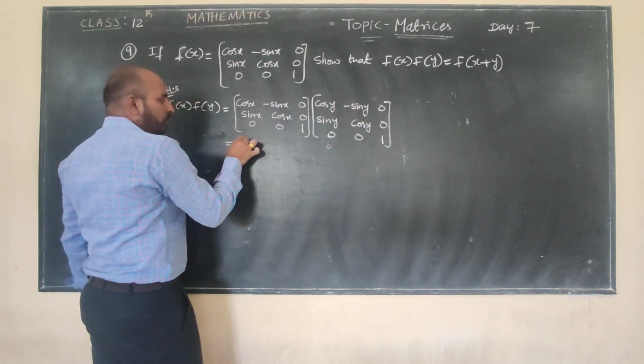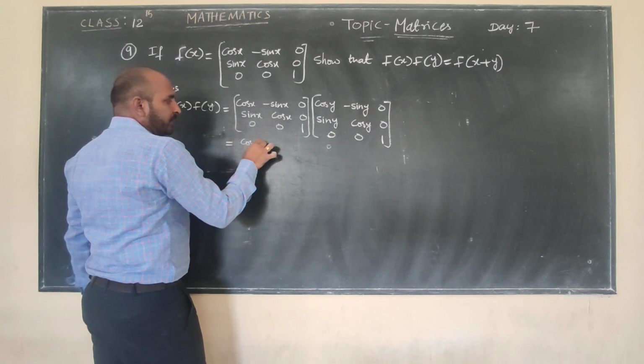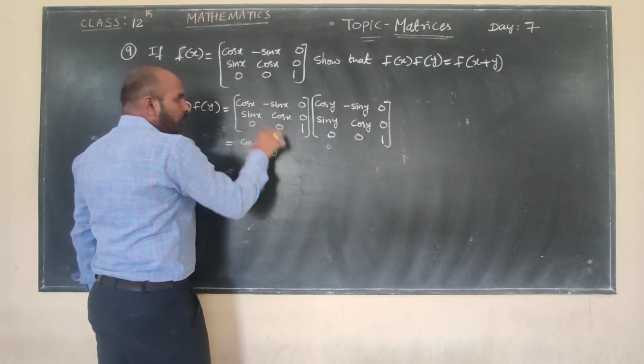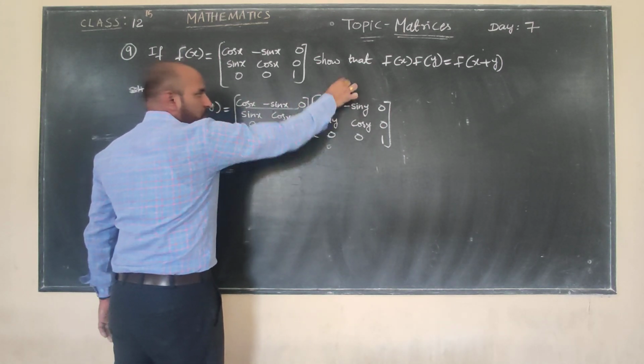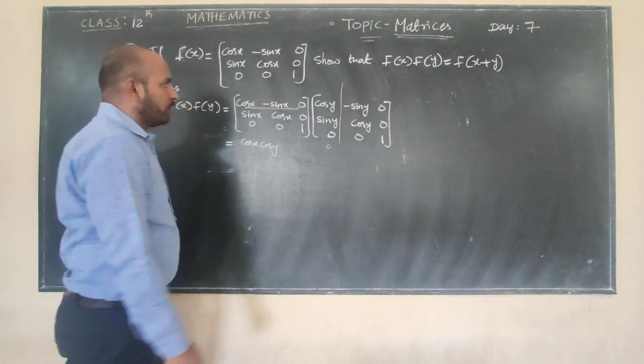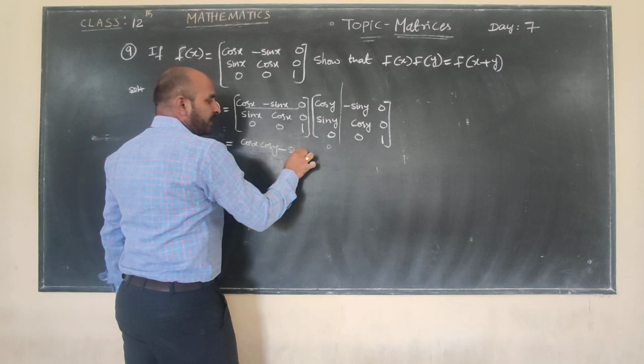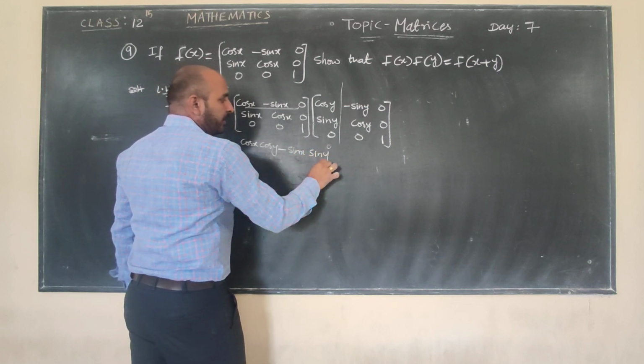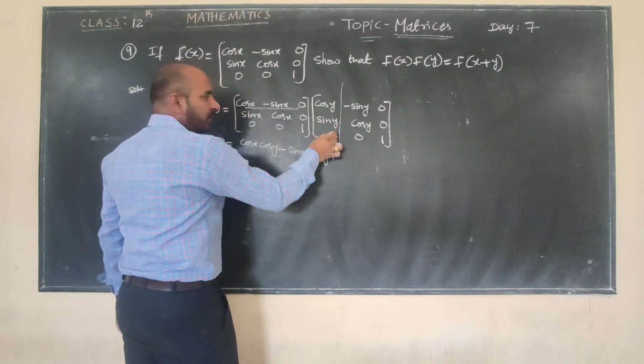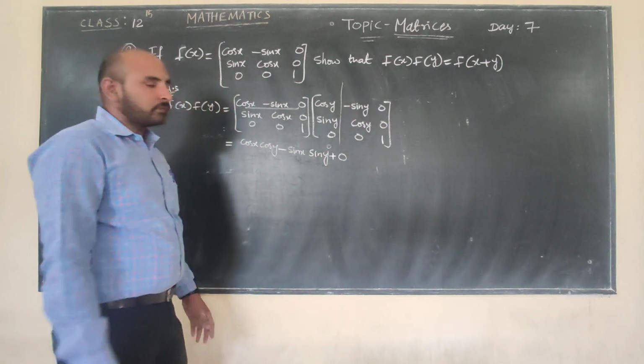So cos x into cos y, first row multiplied with first column: cos x cos y, minus into plus, minus sin x into sin y, plus 0 and something, this is 0.